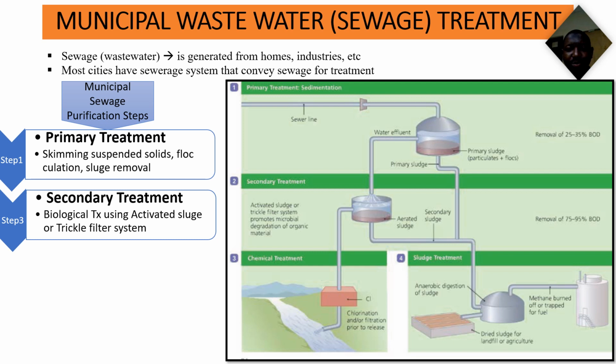Then after that, aerated water will now be pumped into the sludge. This process helps to remove most of the pathogenic microorganisms, because now we have more aerobic microorganisms that will take care of some biodegradable materials in the water, and aeration that takes care of pathogenic microorganisms.